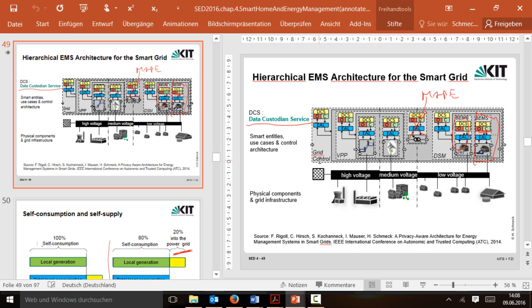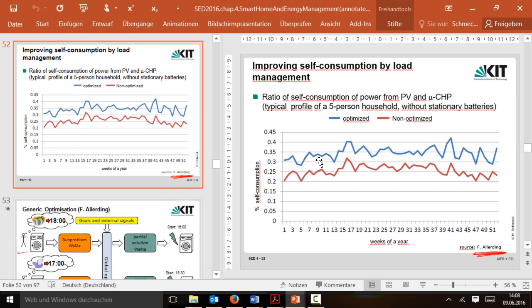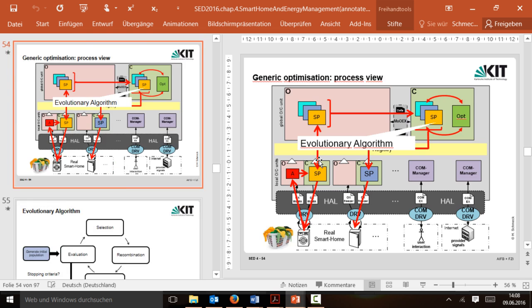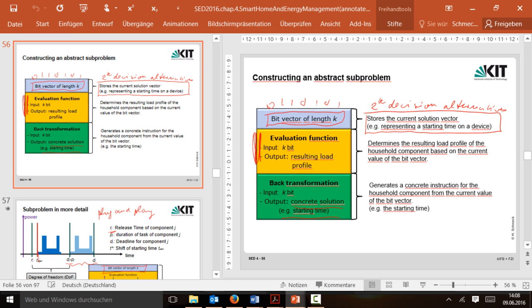We looked briefly at self-consumption, self-supply, that we would like to optimize that, and I showed you how we do that with the optimization approach that was designed in the organic smart home architecture. We looked at how it is done there, how these elements are represented as subproblems and problem parts.